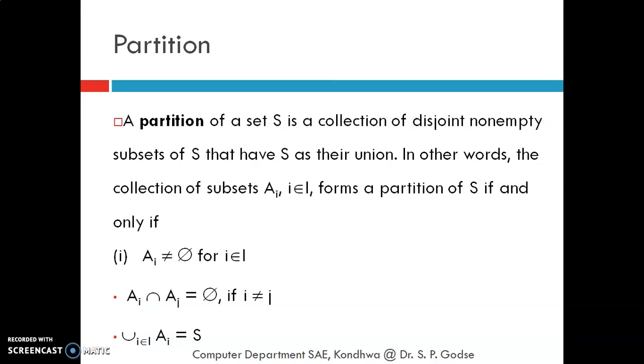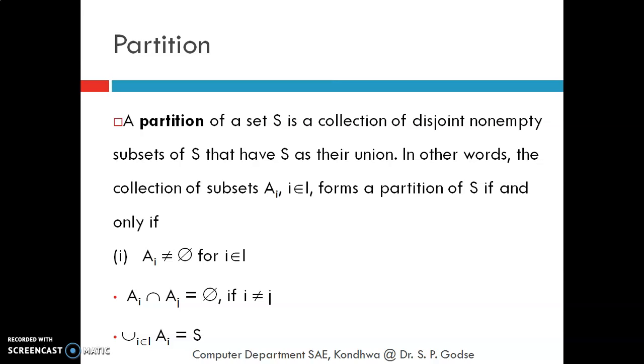In other words, the collection of subsets A_i, where i belongs to I, forms a partition of S if and only if A_i is not equal to phi for i belonging to I, and A_i intersection A_j is equal to phi if i is not equal to j, and the union of all these subsets, from A_1 to A_l, gives the original set, that is S.